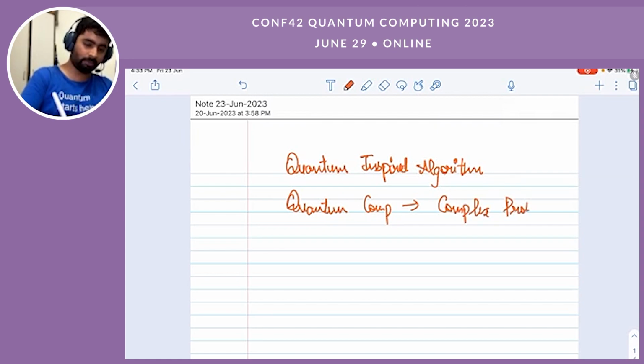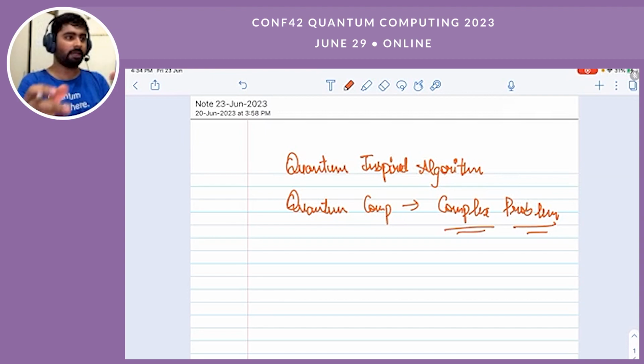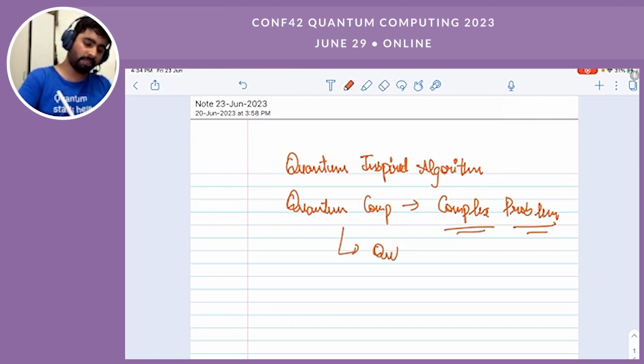I think there would already have been a lot of sessions highlighting this aspect of quantum computing before you get to this one, but I'll keep it brief, just for context, so that we have continuity of explanation. In quantum computing we have a concept called qubits.